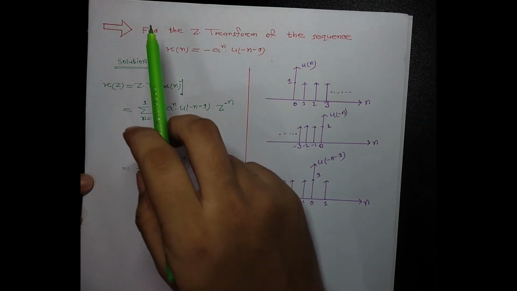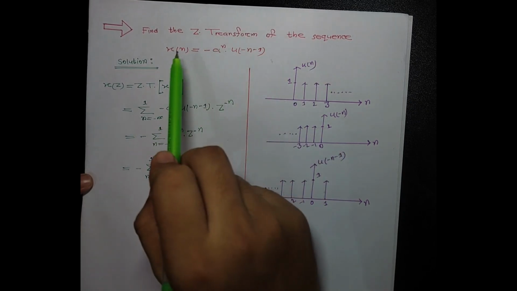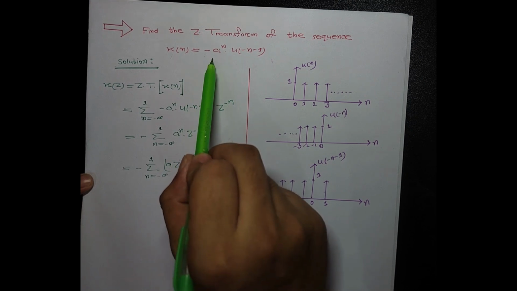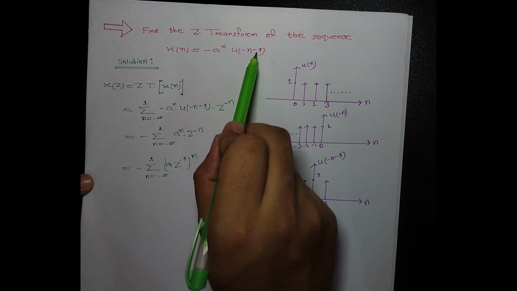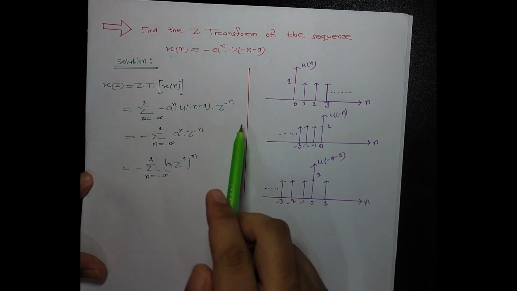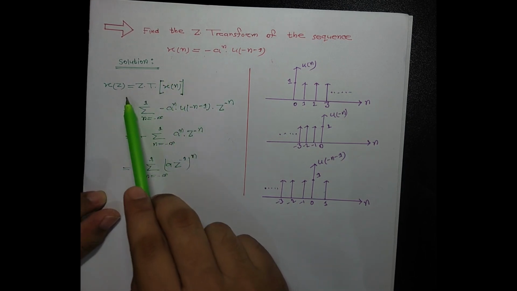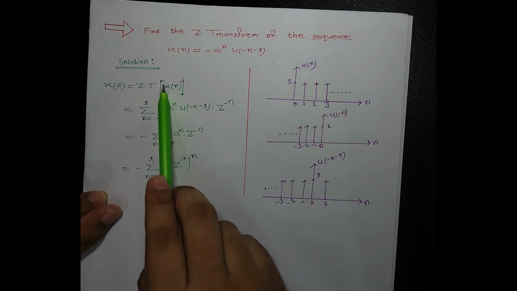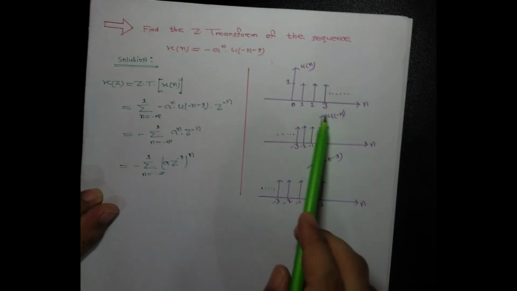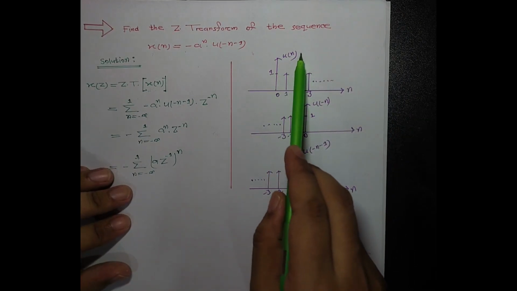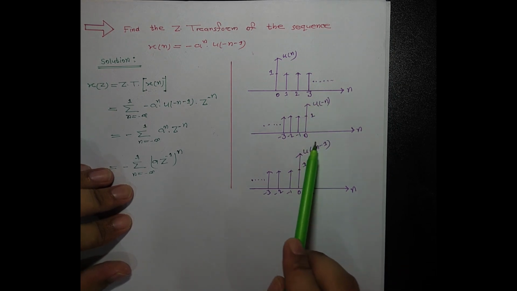Here the another problem is find the z transform of the sequence x[n] equal to minus a to the power n into u of minus n minus 1. In the solution, X(z) equal to z transform of x[n]. Here the limit is minus infinity to 1. Here the unit step signal is in a reversal form and reversal plus shifting form.